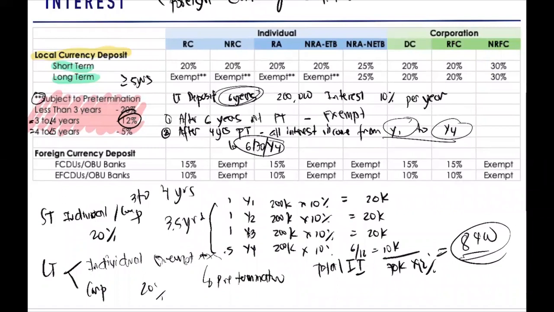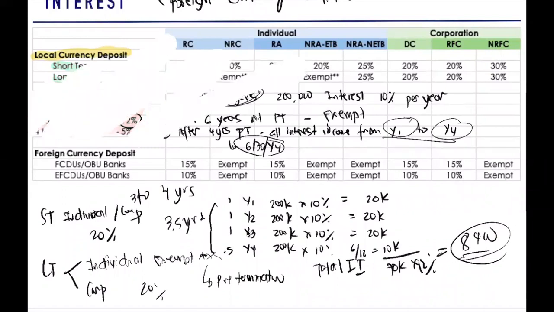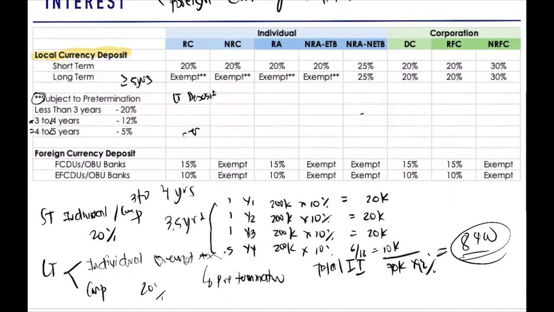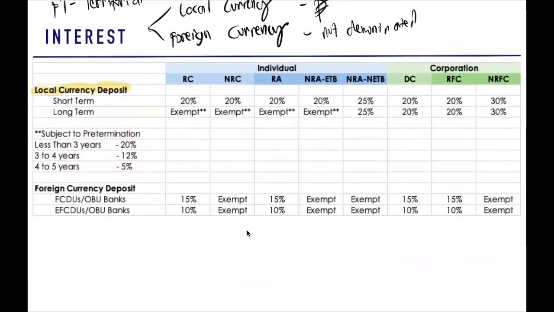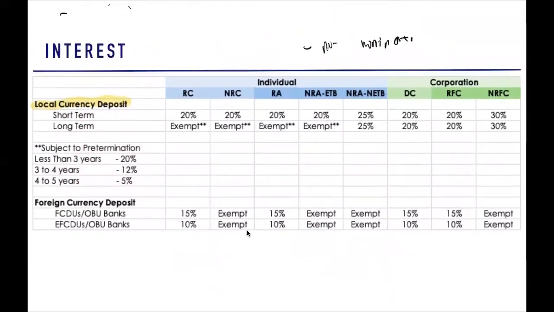Next, we have your foreign currency deposit. So what is this foreign currency deposit? This foreign currency deposit, guys, is of course a deposit denominated in foreign currency, not in the currency of peso. Now, our problem here in a foreign currency deposit unit is how do we tax them?